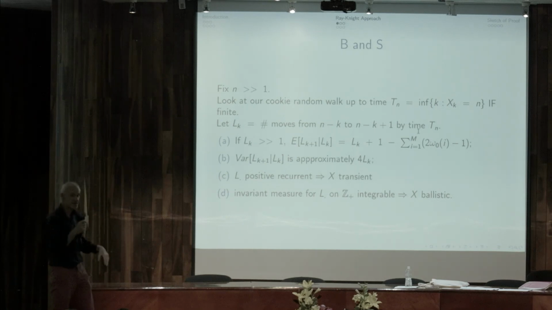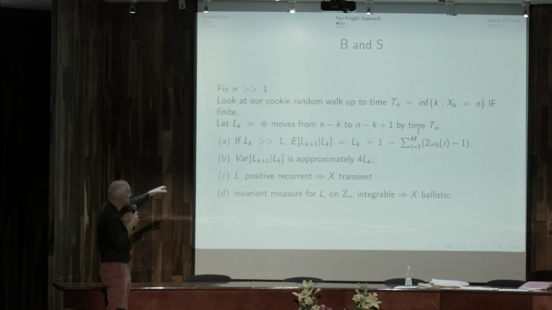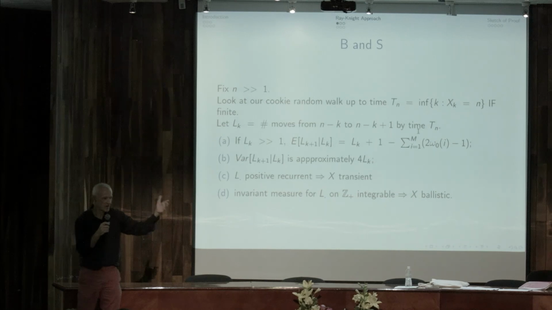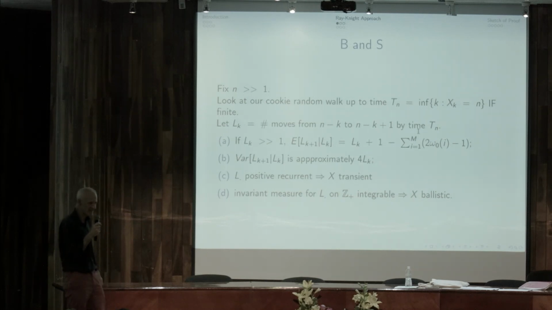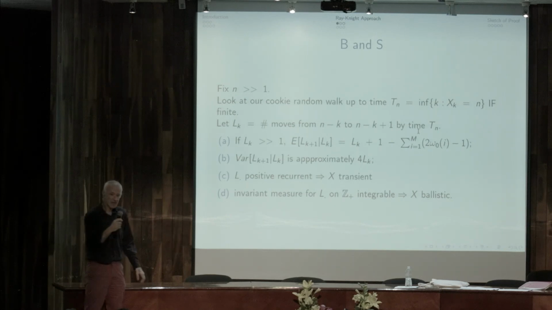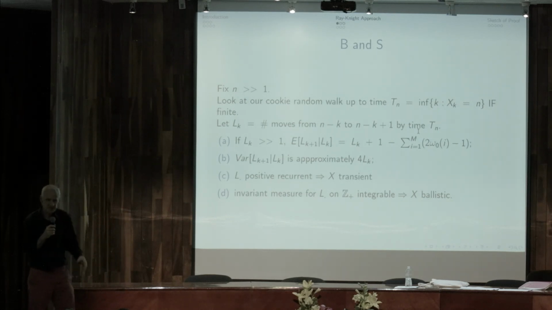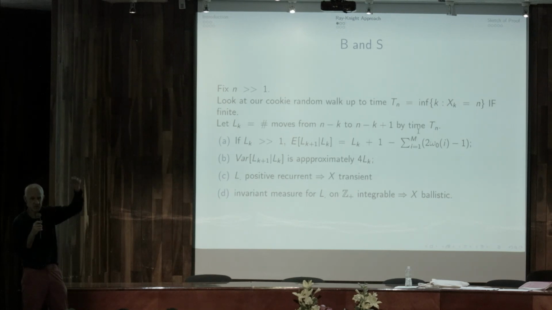At least if L_k is larger than 1, so you've used up all the cookies, basically. And then the variance is approximately 4L_k, because it's approximately geometric, but of course, when you're starting off, you don't get quite this variance. And it's a nice Markov chain. This L_k is a nice Markov chain on 0 to infinity.